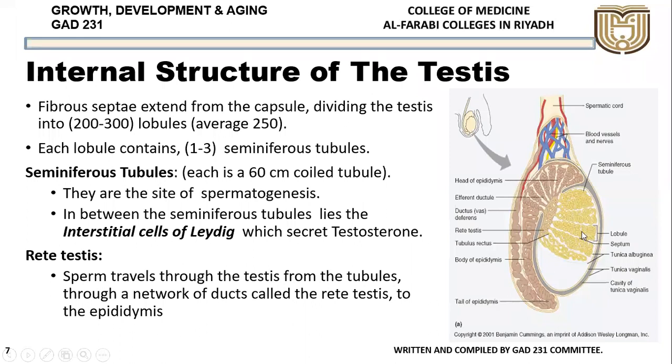Once they are produced here, they travel through these tubules and through a network of ducts called the rete testis. So the rete testis is nothing but the network of seminiferous tubules or ducts, and this will be connecting the testis to the epididymis.